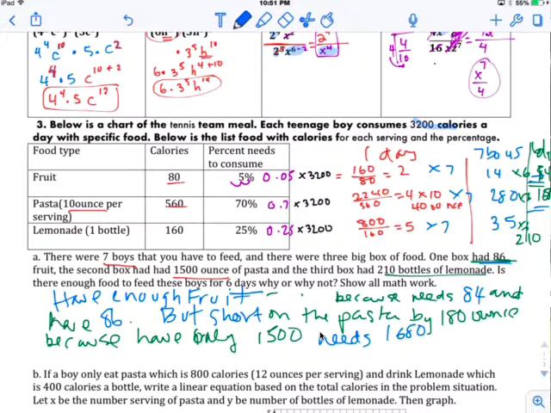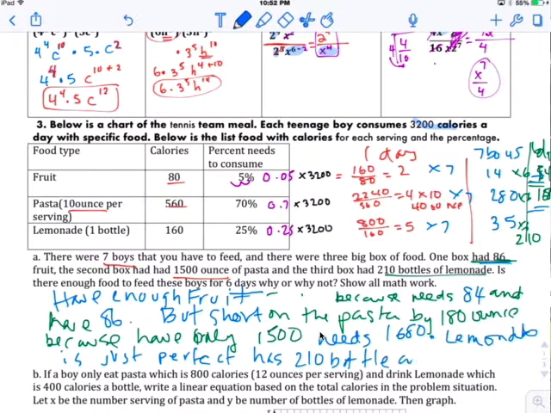All right, and then for the lemonade, we're perfect on lemonade. It's just perfect. Has 210 bottles and needs 210 bottles.